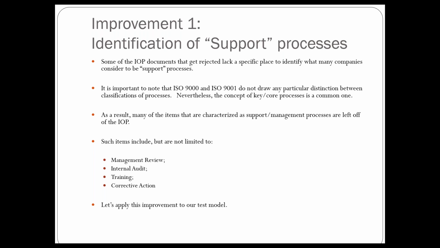Core processes, key processes versus support processes. As a result of that, it's often the case that the support processes get left off of the IOP. And support process, typically this is going to refer to things like management review, training, corrective action, and so forth. So let's apply this improvement to our test model.